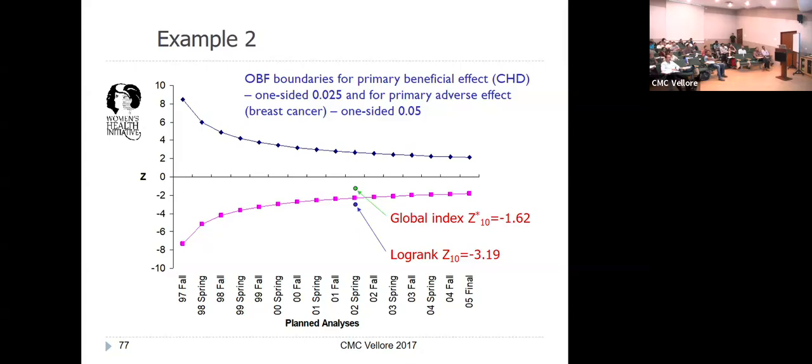If they have something here, they're okay for this, right? But the harm is on this side. You would stop if you have the harm that is below this boundary, or you'd stop for efficacy if you had your Z value for efficacy. They're different statistics, the efficacy and the harm, right?